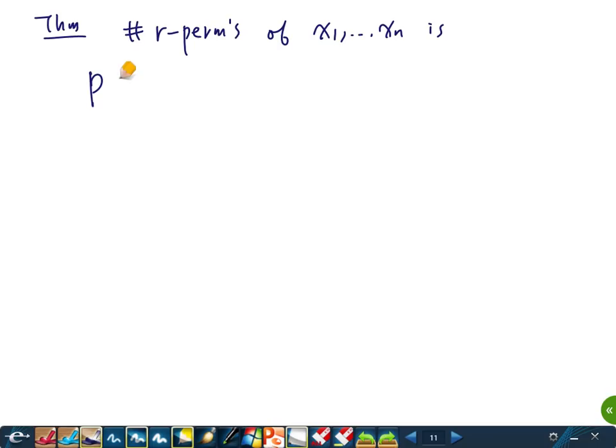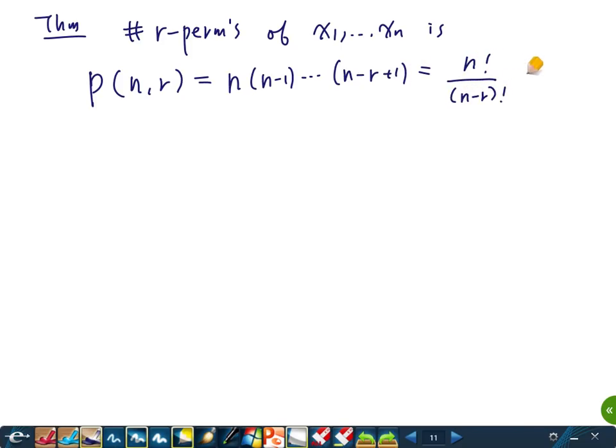So the question is a theorem. The number of r-permutations of n elements is denoted by P(n, r), and this is n times (n minus 1) times ... times (n minus r plus 1), which is n factorial divided by (n minus r) factorial.